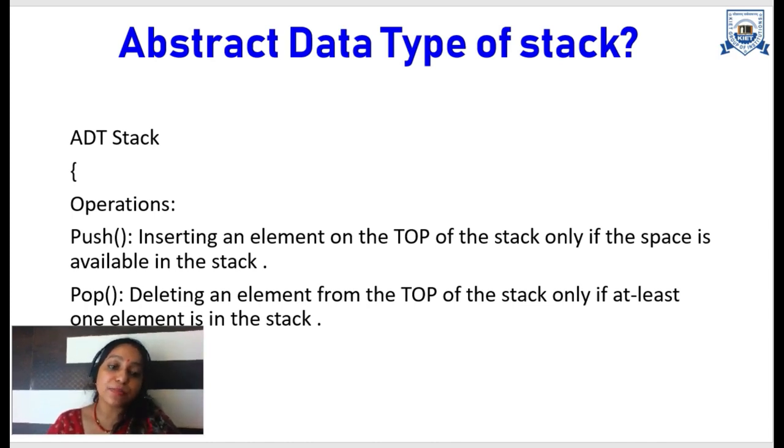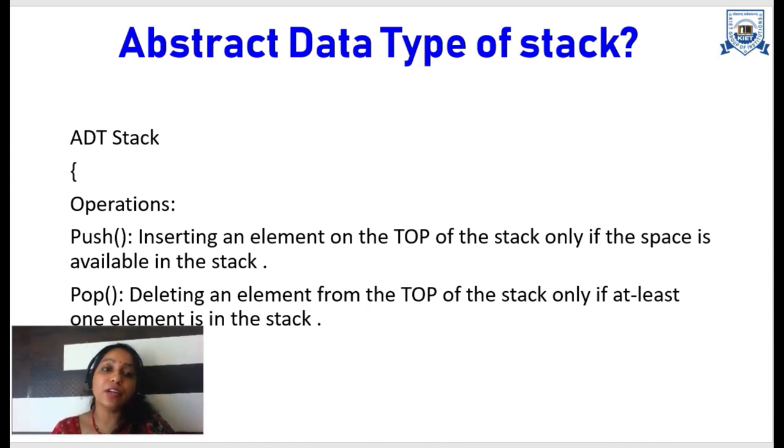You can take a glass of water from the jug only if the jug contains any water. If the jug is empty, then you cannot take a glass of water from that jug. You cannot delete an element from the stack if the stack is empty.